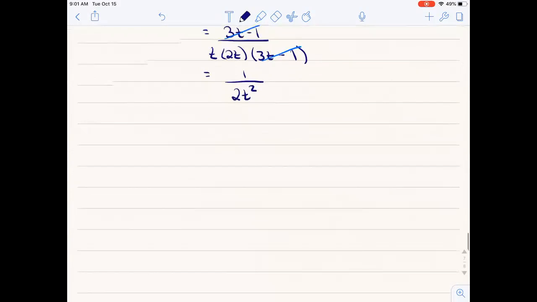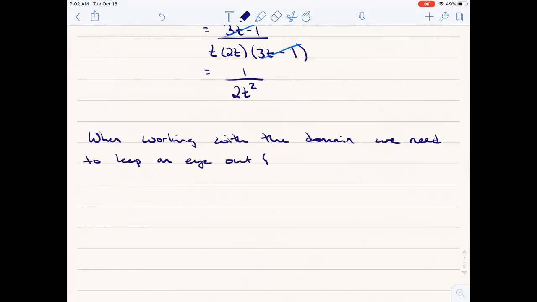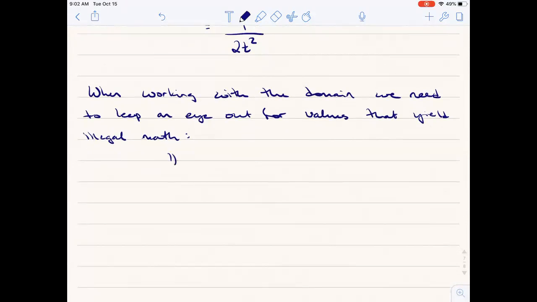And so when working with the domain, we need to keep an eye out for values that yield illegal math. Number 1, dividing by 0.